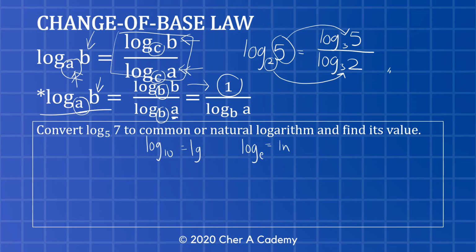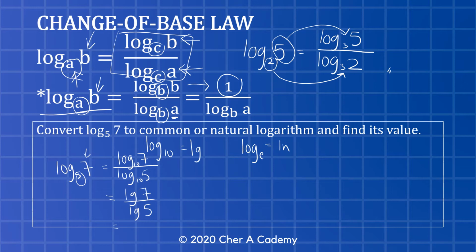Okay, so let's convert log base 5 of 7 to common log first. So common log is base 10. So I write this down first: a fraction, log base 10 at the top, log base 10 at the bottom. 7 goes on top, 5 goes below. So in short, it is lg 7 divided by lg 5.